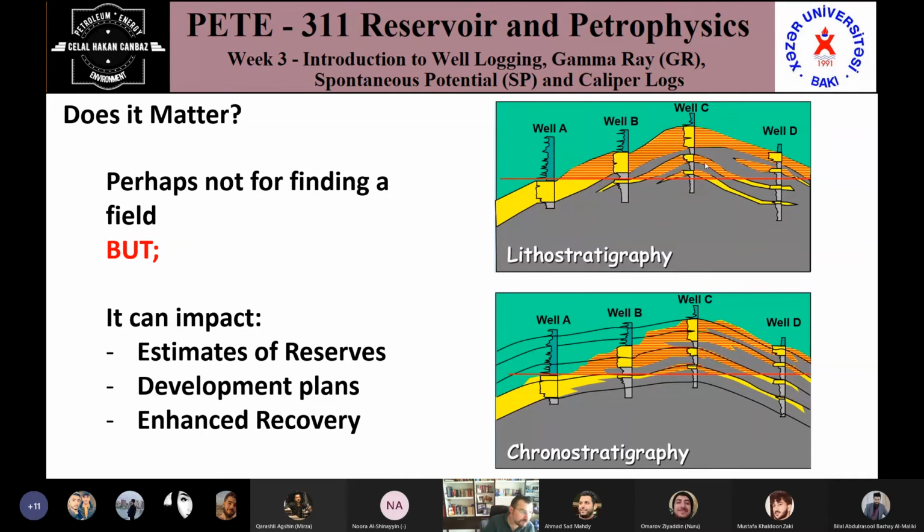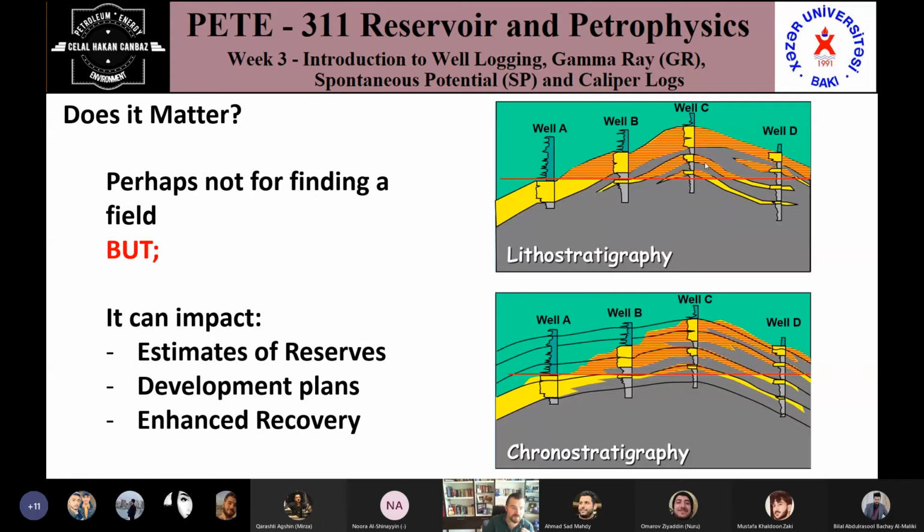But when you are making your estimation of your resource, this will be very crucial because the amount will change according to your calculations. If you use the lithostratigraphy, it will be different. Chronostratigraphy, it will be totally different. So it will change your development plans as well. In the future, your development plans will be affected in some way, more technical, no worries.